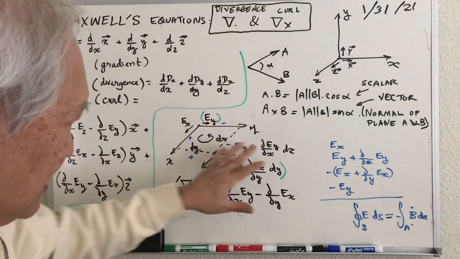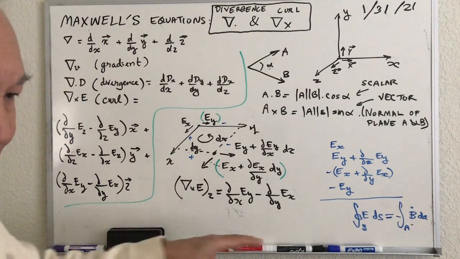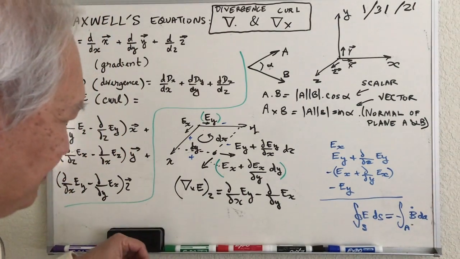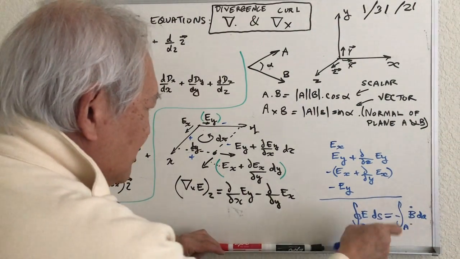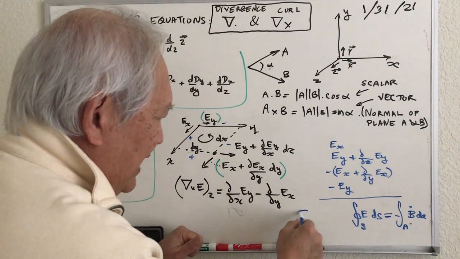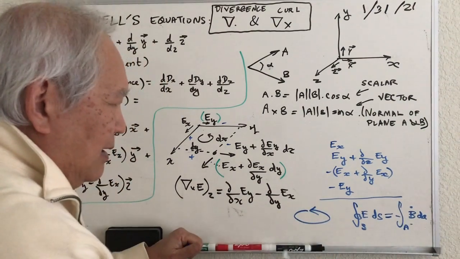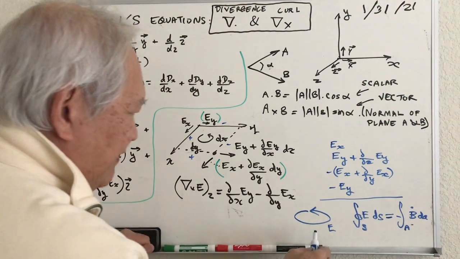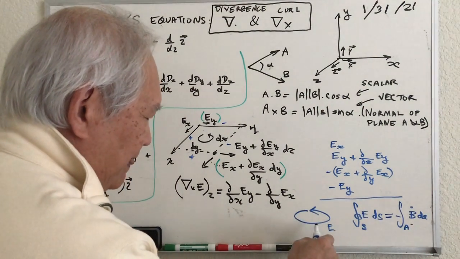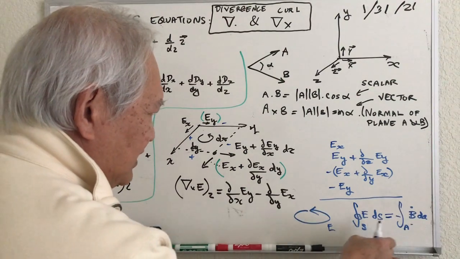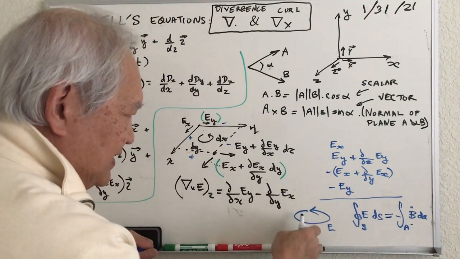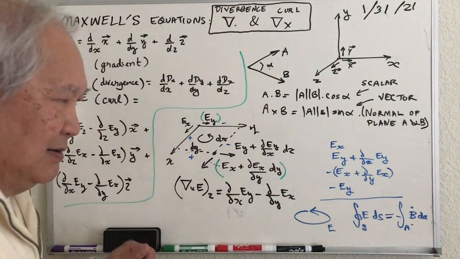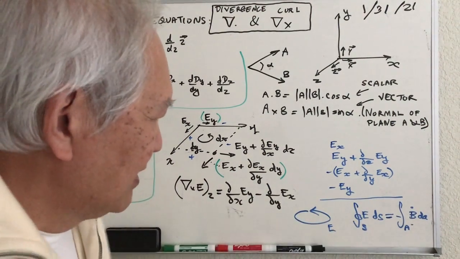Now, let's stick with this and look at something as simple as Faraday's law, which says that the path integral of all the electrical vectors around a loop is equal to the change of the flux. Dot means derivative with respect to time.